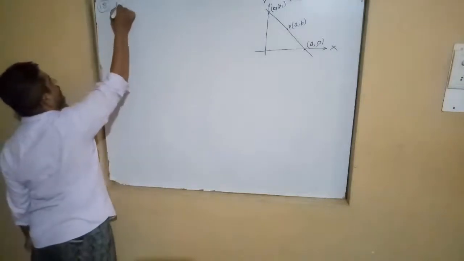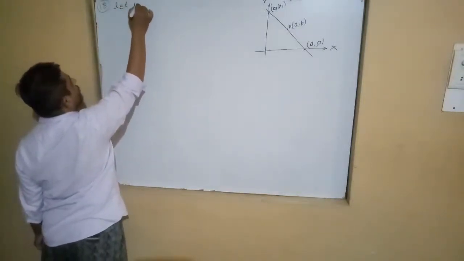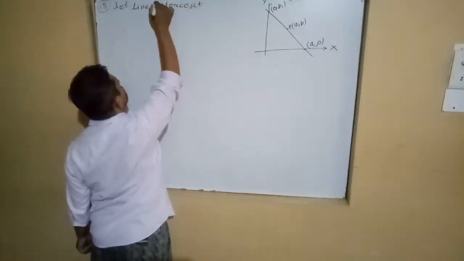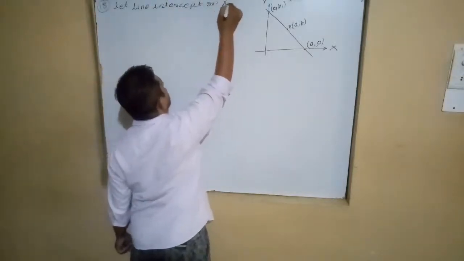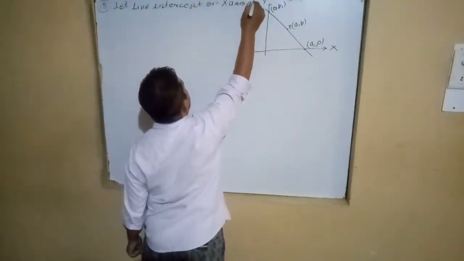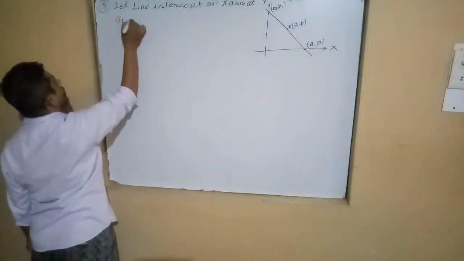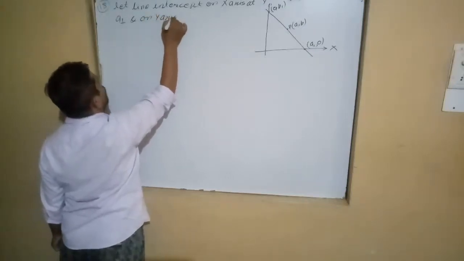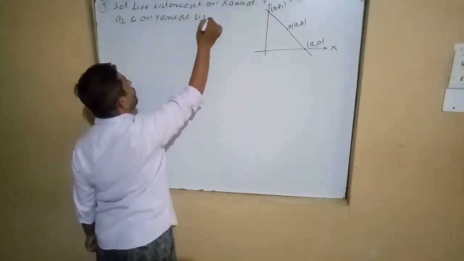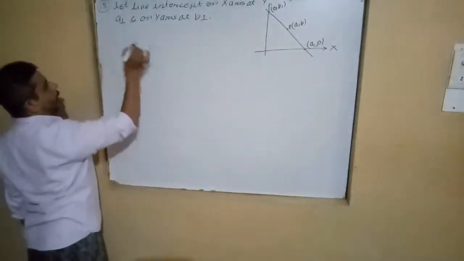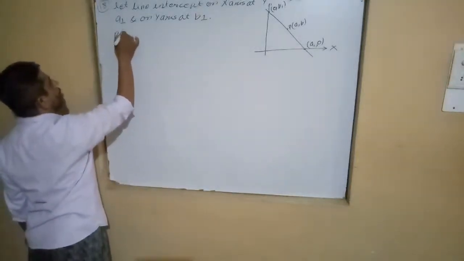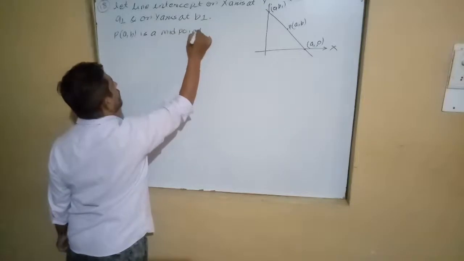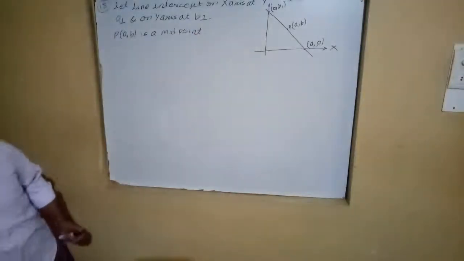Okay, so first we let line intercept on x-axis at A1 and on y-axis at B1, and P(a, b) is a midpoint. ये इसको अपन बाद में लिखें तो ज्यादा बेटर है.